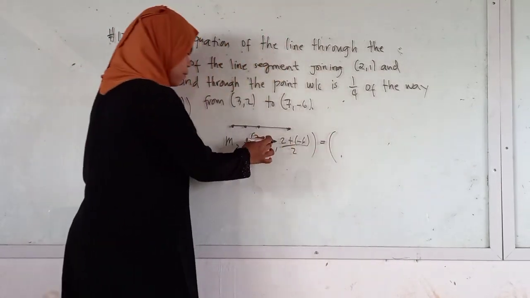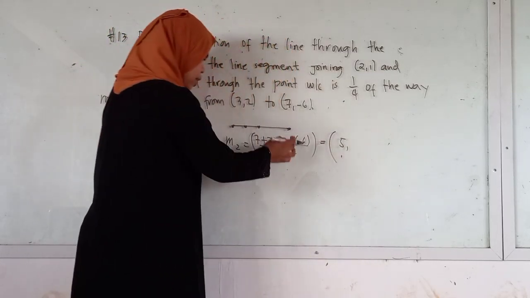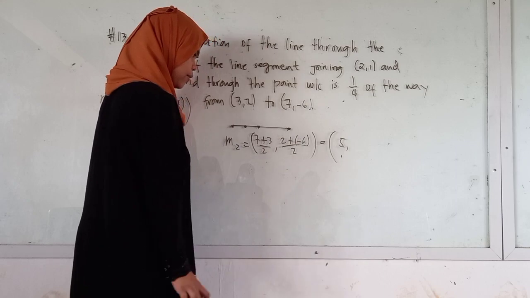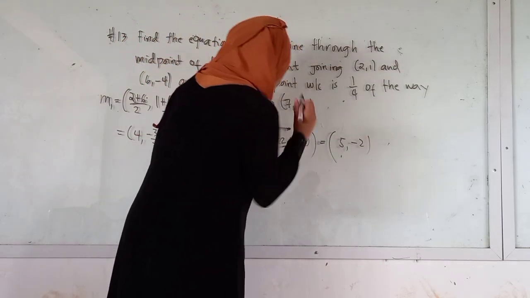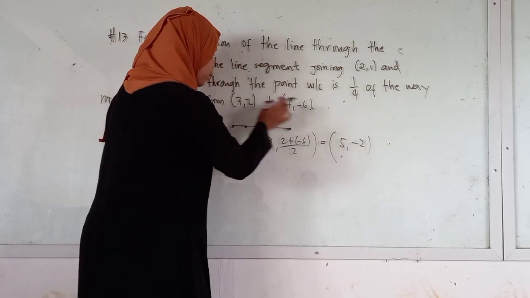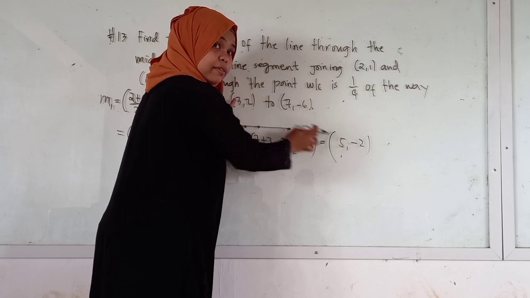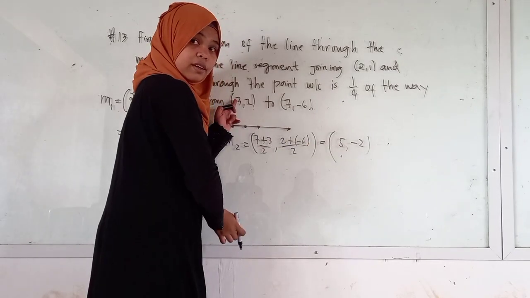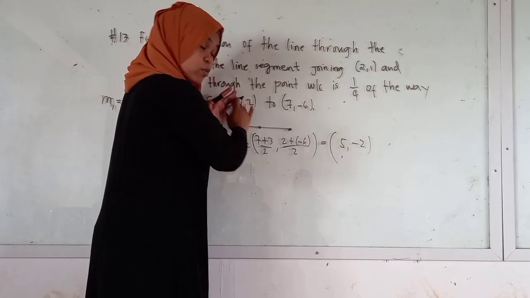Okay? So, 7 plus 3, that is 10 over 2, that is 5. And then, 2 plus negative 6, that is negative 4 over 2, that is negative 2. Okay. So, kung ito yung midpoint ng dalawang to, kukunin ko to ulit ng midpoint.